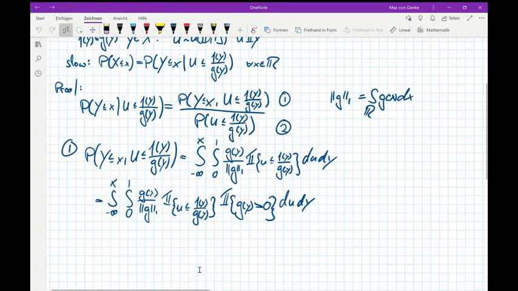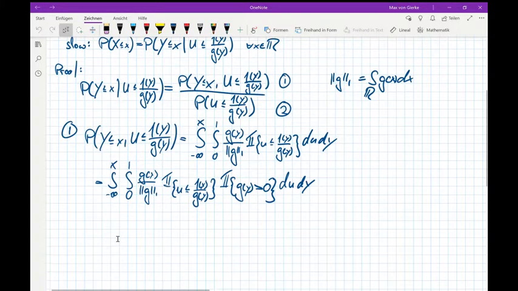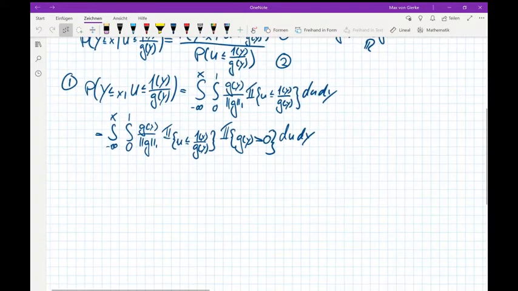So with this indicator function, we actually managed to be allowed to only look at these values being in X. Yeah, and now we are allowed to take this fraction as our upper boundary, because now we know that this fraction is smaller or equal than 1.